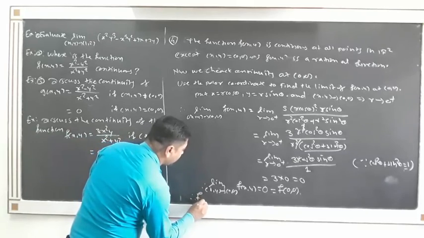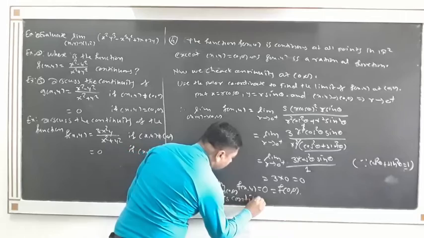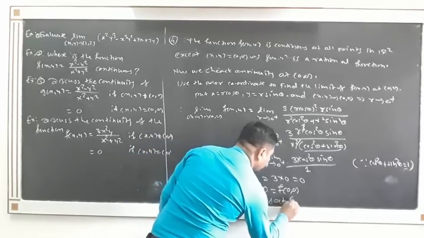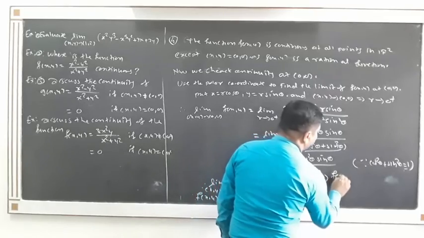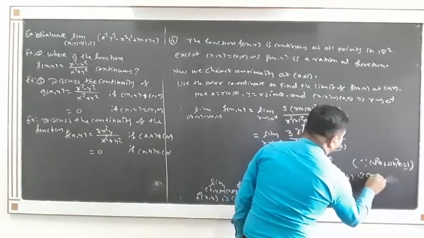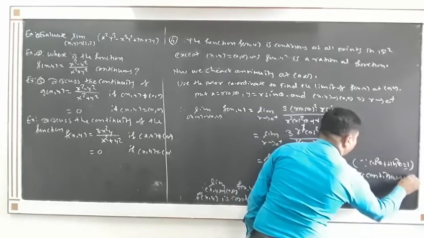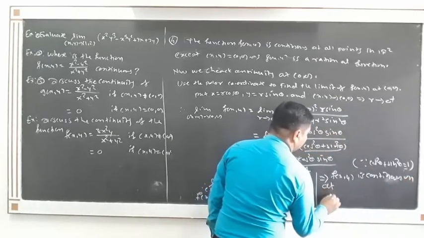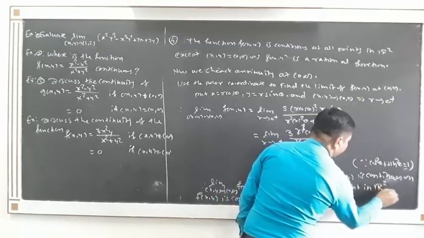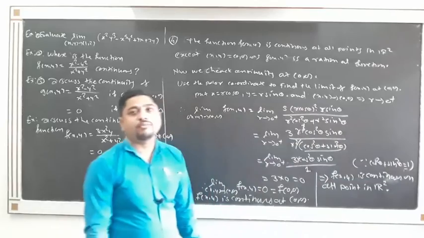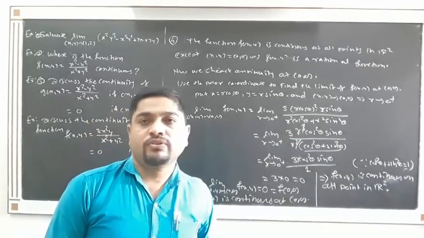Therefore f of xy is continuous at 0, 0, and so we can say that f of xy is continuous at all points in R square. Similarly you can solve many problems. Okay, thank you very much.